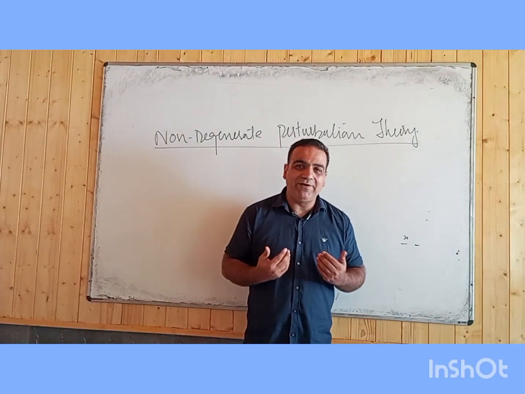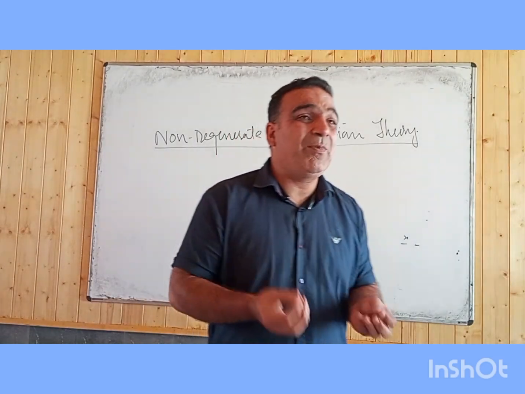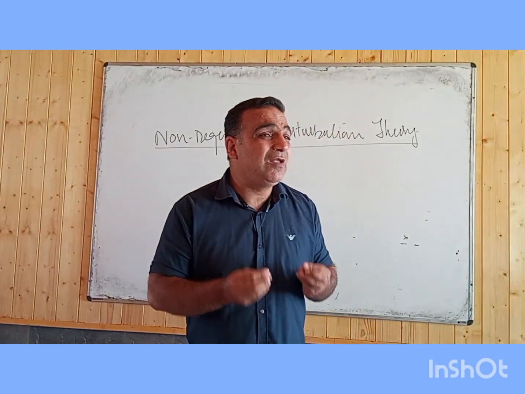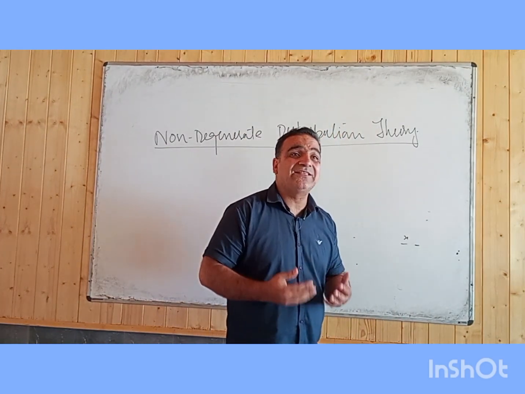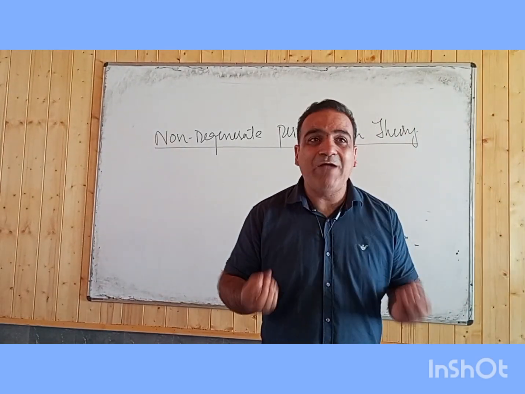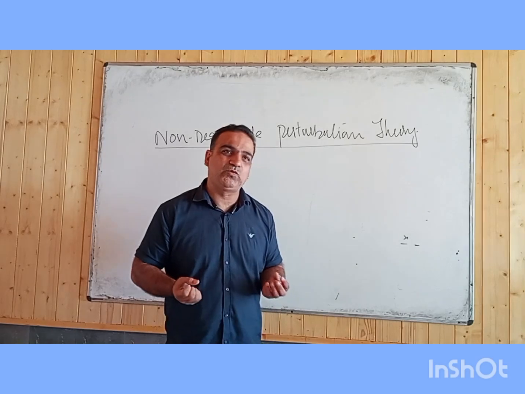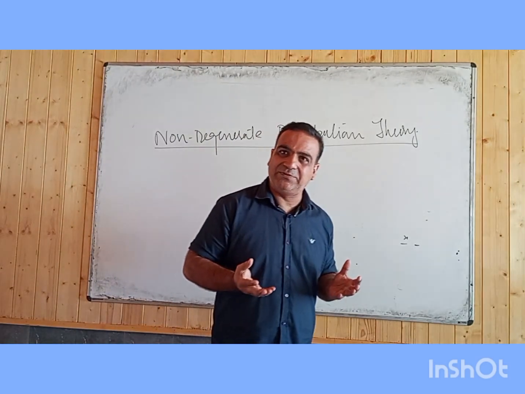Now the question arises why I say a small stone, why I'm talking about a small thing, a small disturbance. Because perturbation has everything to do with the small. And whatever you have calculated in quantum mechanics 1, you have treated ideal systems.